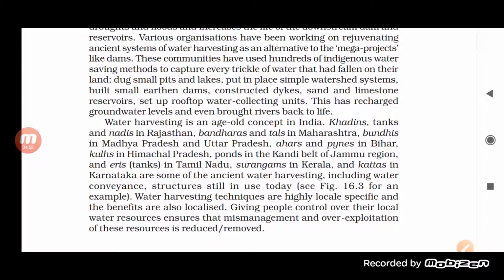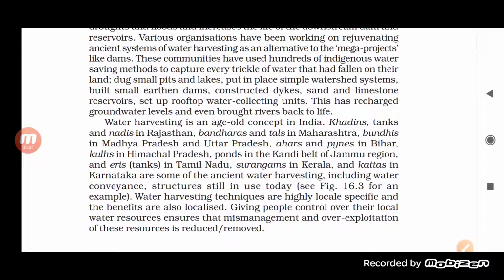The other earthen dam is actually a traditional rainwater harvesting method in Rajasthan for agriculture, which is also called khadin. Not only this, even today roadside rainwater harvesting occurs. These all are done in order to collect water.